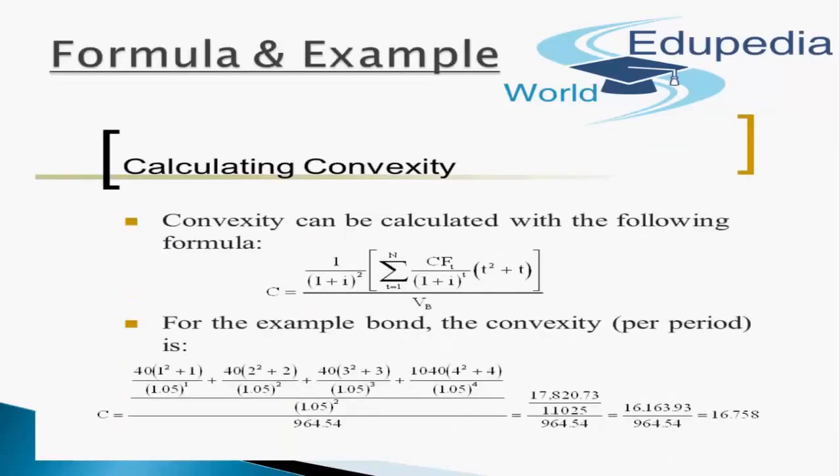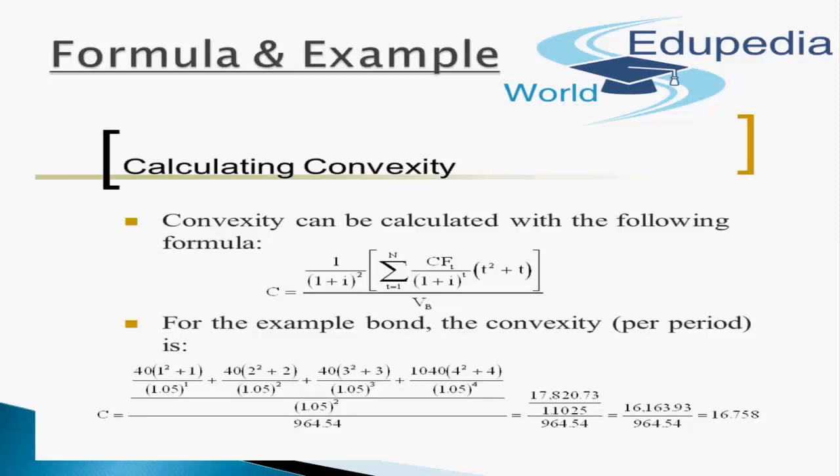Let's move on to the formula and an example of calculating convexity. Convexity can be calculated with this formula, that is 1 divided by (1 plus i) squared, into the sum of cash flows divided by (1 plus i) to the power t, that is the time period, into t squared plus t, divided by the current value of the bond.